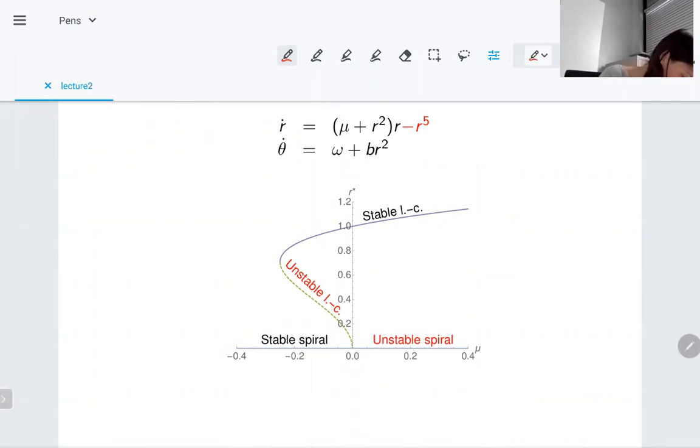So we have the equilibrium point, which is stable until mu equal to 0. But before, what we had at this mu critical is the emergence of a stable limit cycle and an unstable one. And the evolution of this unstable one is to get closer and closer around the equilibrium, coalesce, collapse to the equilibrium, and then at mu equal to 0, the equilibrium changes in stability and becomes unstable, okay?